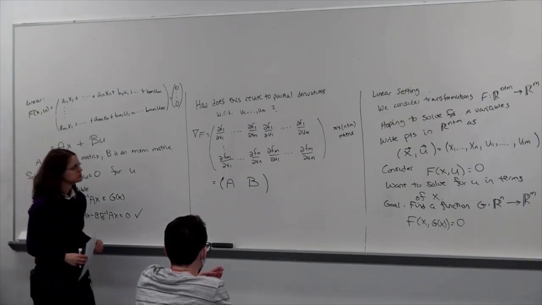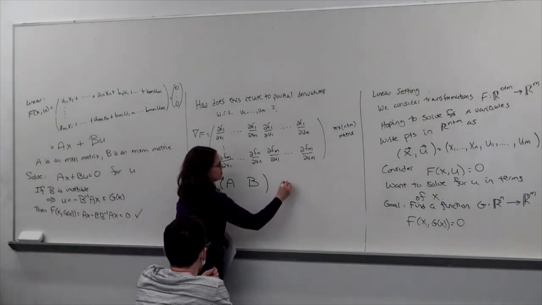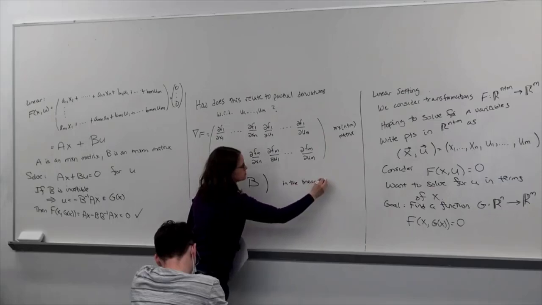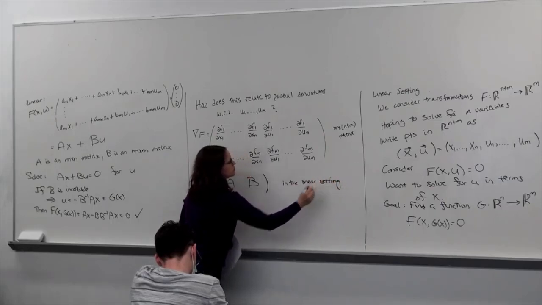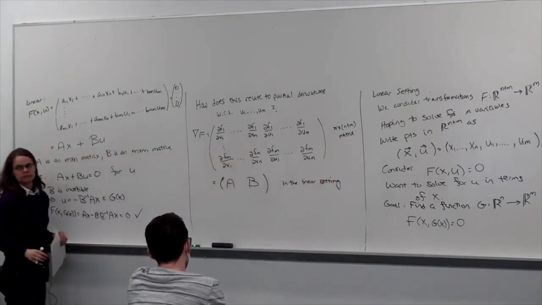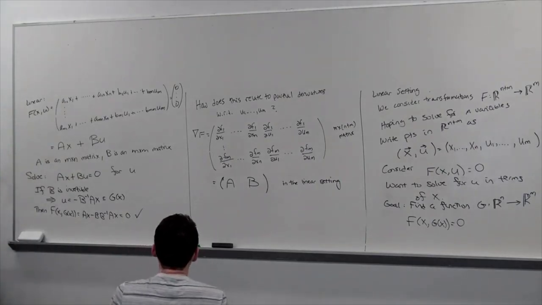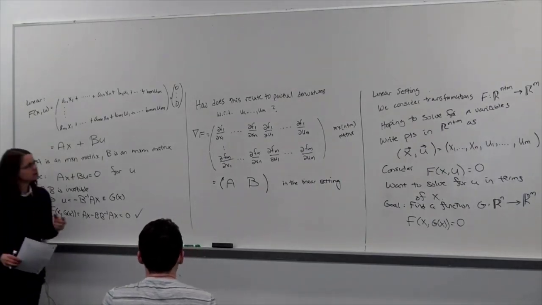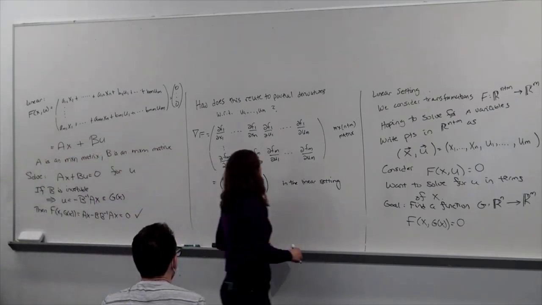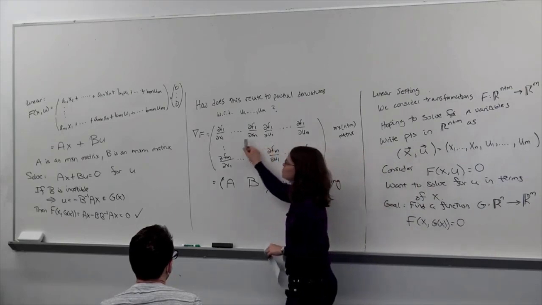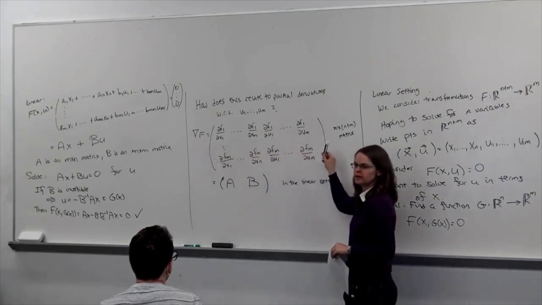Okay, so this is what's the case in the linear setting. In the general nonlinear setting, again, it's maybe quite natural to try to write this ginormous Jacobian matrix in a block form, right?